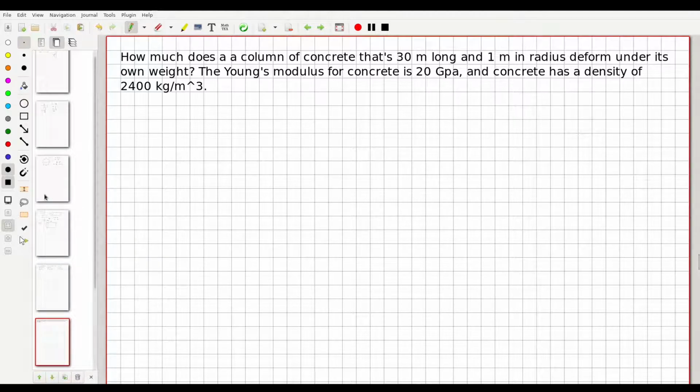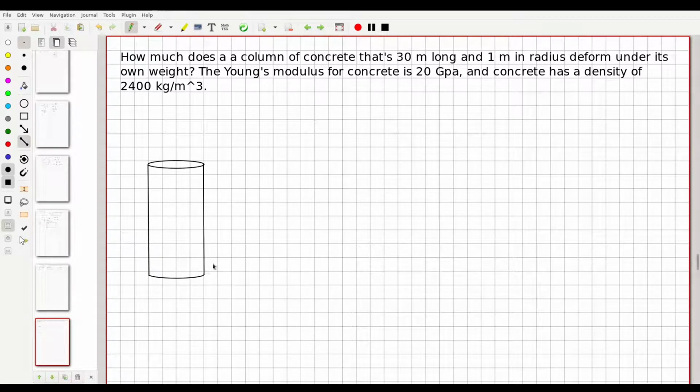Okay, so let's draw us a column. We have a base. Here's the top right here. Let me clean up the base a little bit here. Here are the edges of our column, like this. So there's a picture. Now, it has a height of 30 meters.